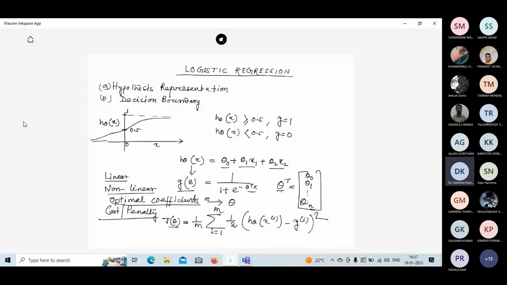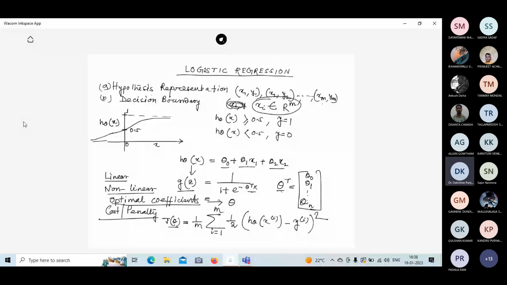Each xi belongs to R to the power n dimensional data.